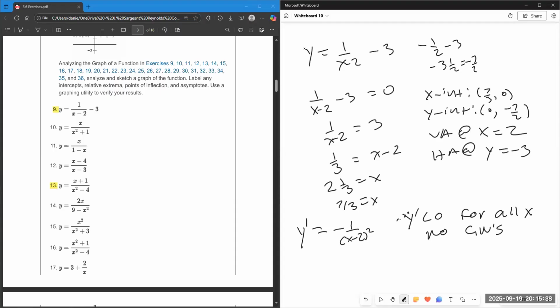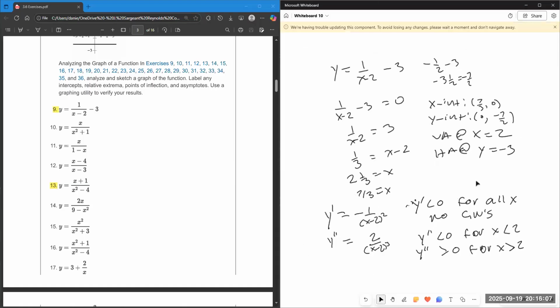And then the second derivative is equal to 2 over x minus 2 cubed. y double prime is less than 0 for x less than 2. y double prime is greater than 0 for x greater than 2.